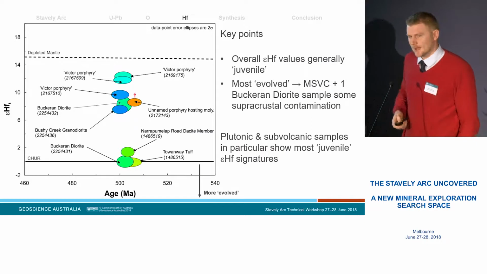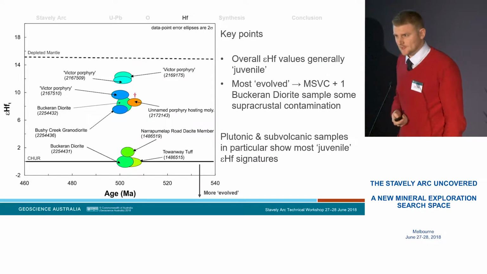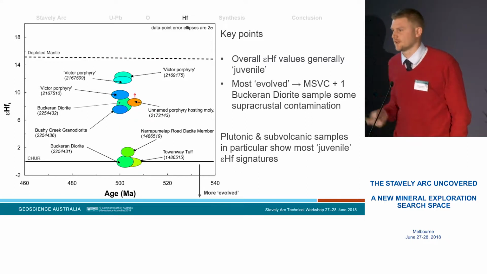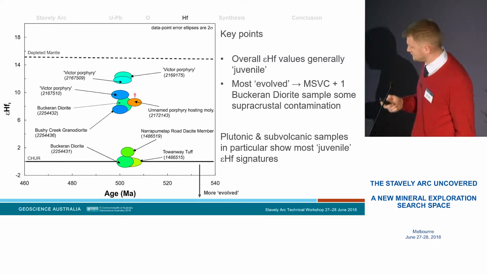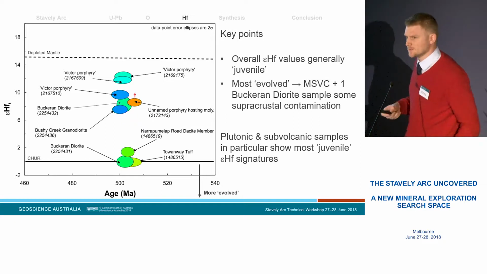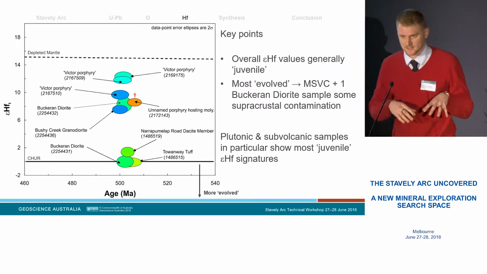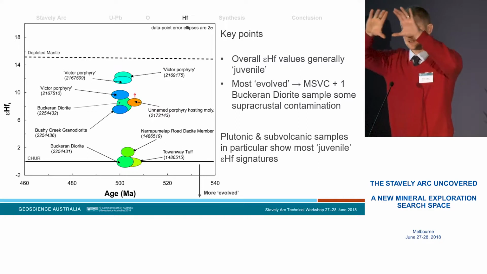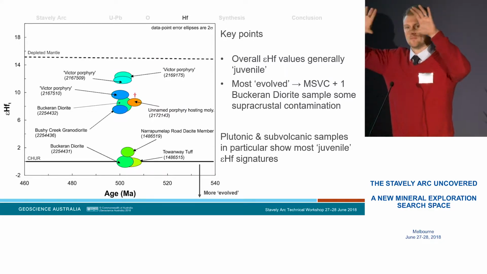So hafnium. Hafnium works well with oxygen. We do it on the exact same zircon, so this is the exact same grains, four different techniques that we've used. And you'll also note that there's a complementary relationship to the oxygen in that in hafnium space, what hafnium tells us is how much continental crust contamination is occurring or melting.